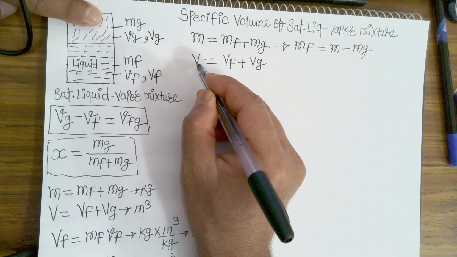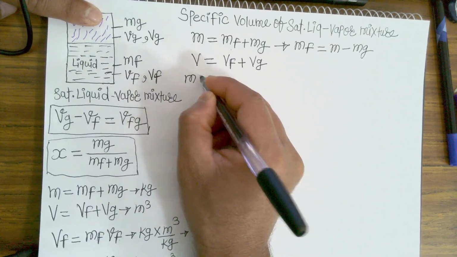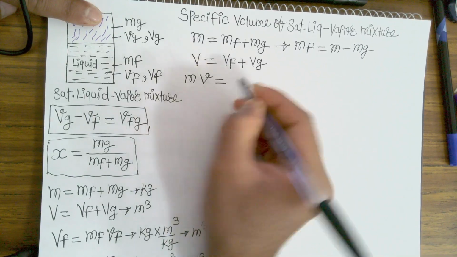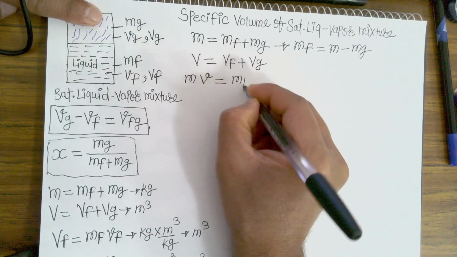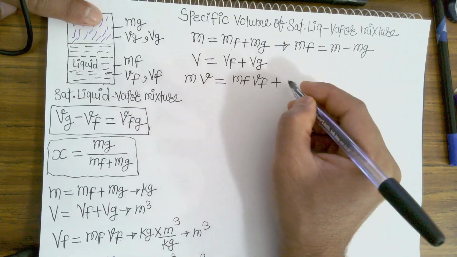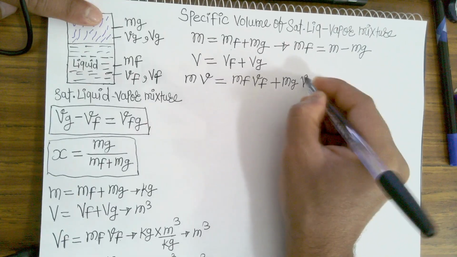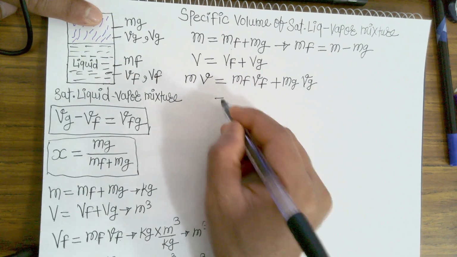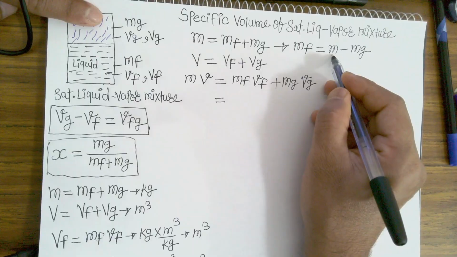So the total volume of mixture, I can write it as mass of mixture multiplied by specific volume of mixture, that is equal to volume of liquid, which is mass of liquid multiplied by specific volume of liquid, plus Vg, which is mass of vapor multiplied by specific volume of vapor, that is equal to, I can write this mf as m minus mg.